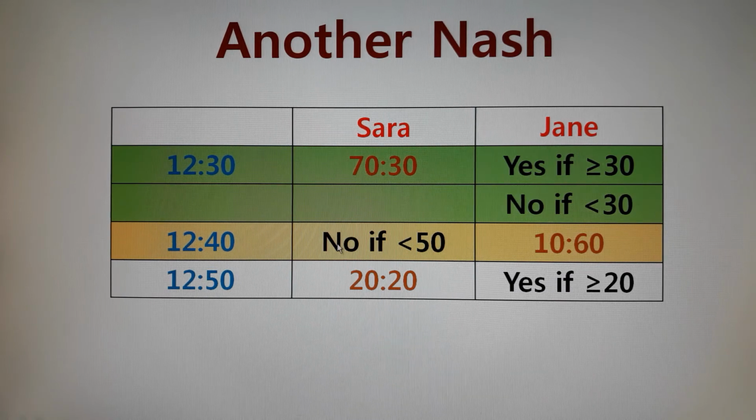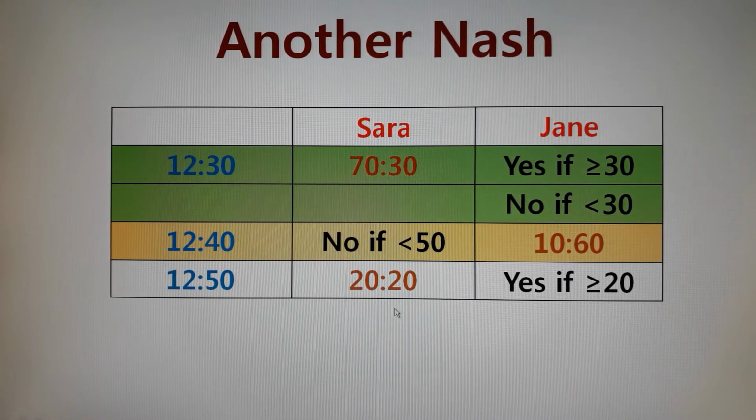So she would say no for this. What I have omitted is yes if it's 50 or bigger. Okay, I missed that. But anyway, the game ends at 70-30. Jane offers this very little for Sarah. Sarah would say no.